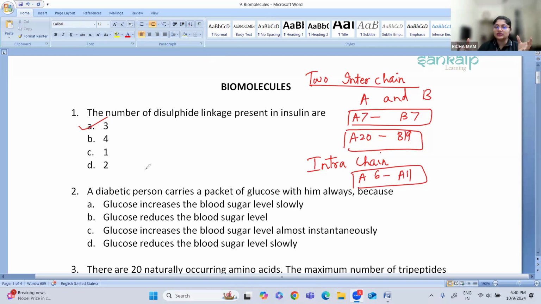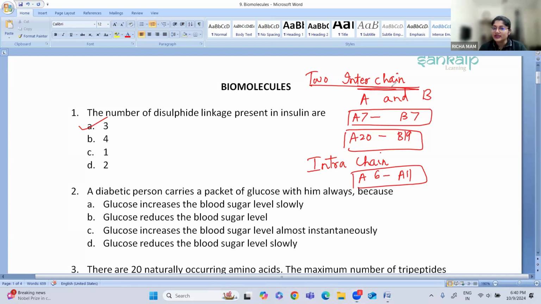How are these two polypeptides joined? They are joined together by the disulfide linkages. They have asked how many disulfide linkages are present in insulin. There are three disulfide linkages.